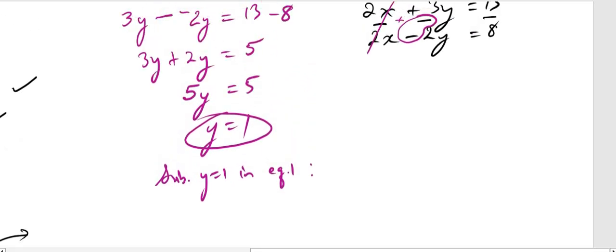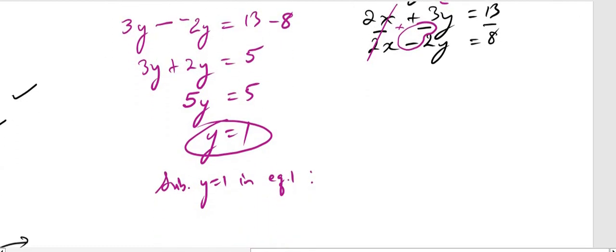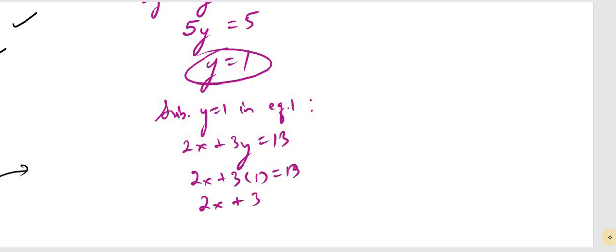Remember equation 1? 2x plus 3y equals 13. So it's going to be what? 2x plus 3 times 1 equals 13. True? So 2x plus 3 equals 13.